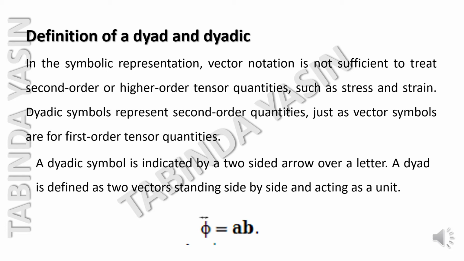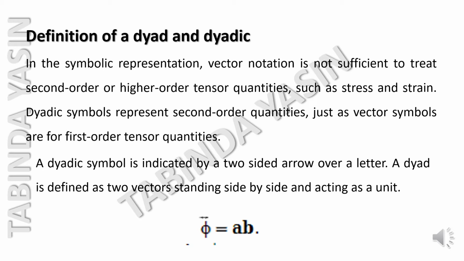Now, for the definition of dyad and dyadic, in the symbolic representation, vector notation is not sufficient to treat second order or higher order tensor quantities such as stress and strain. A dyadic symbol represents second order quantities, just as vector symbols are for first order tensor quantities.